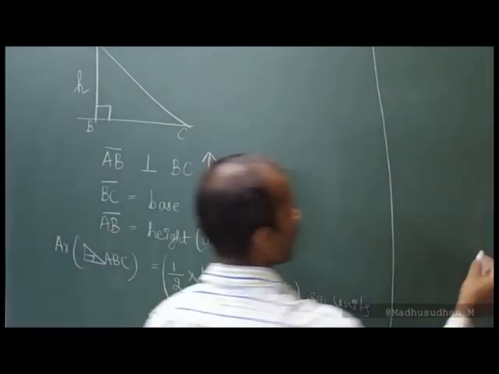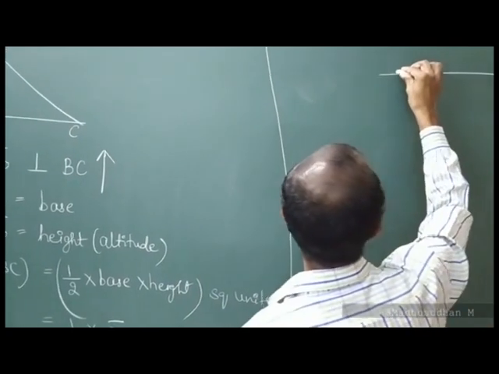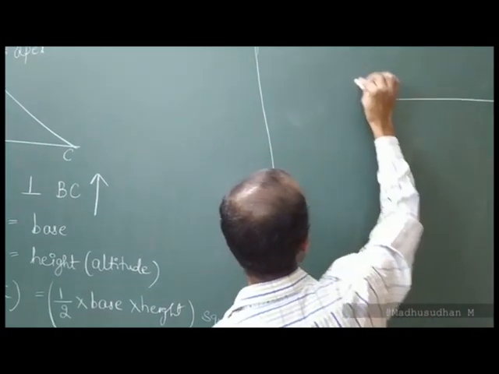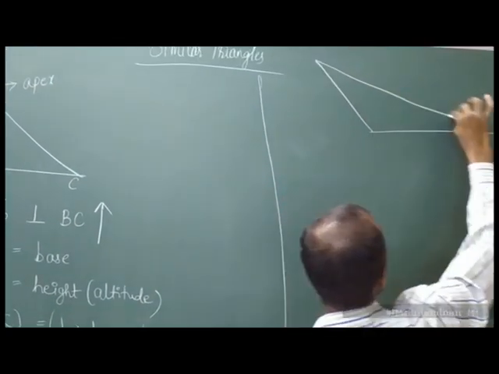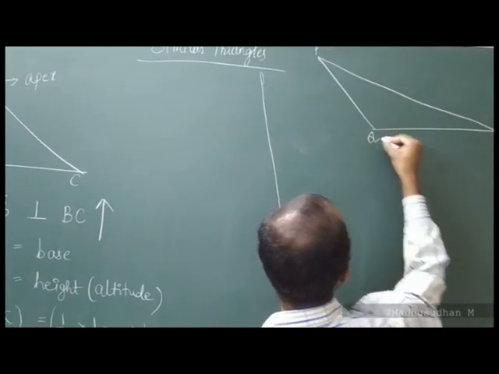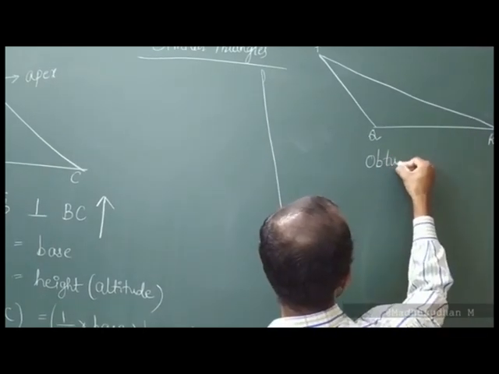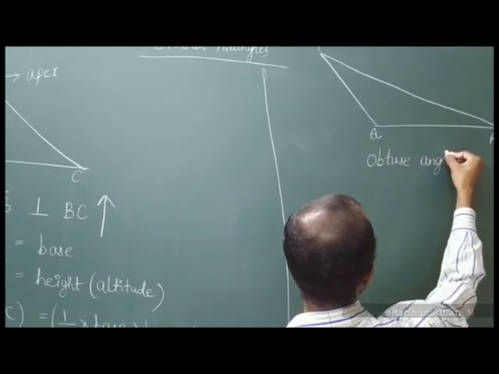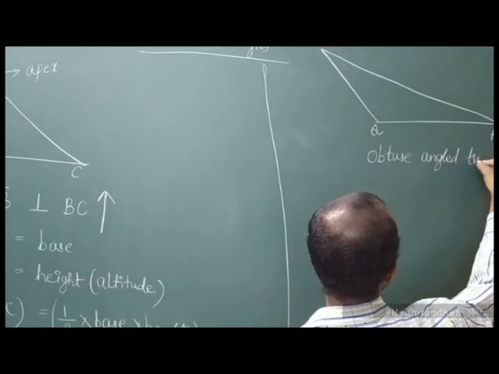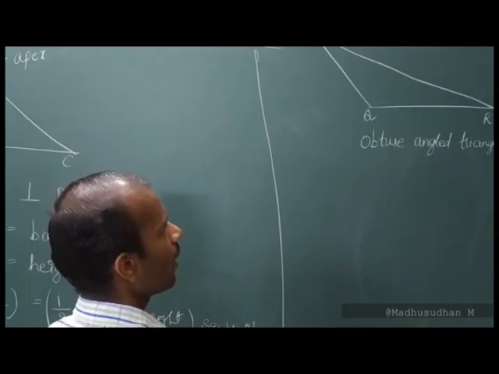So suppose I have an obtuse triangle like this. Let me consider this is P, this is Q, and this is R, and this is an obtuse angle triangle. So which is the base here?